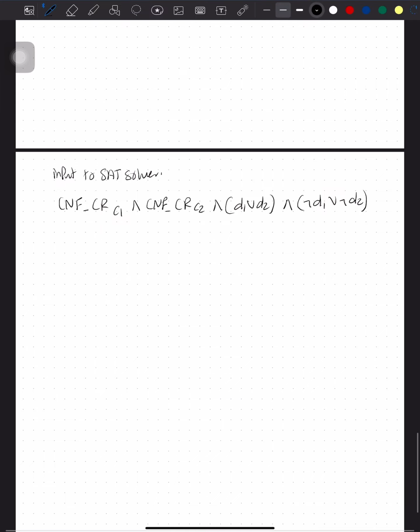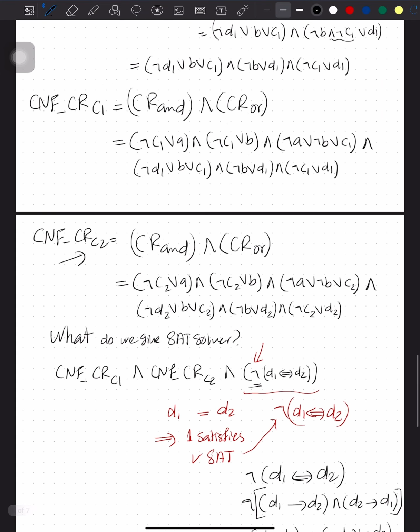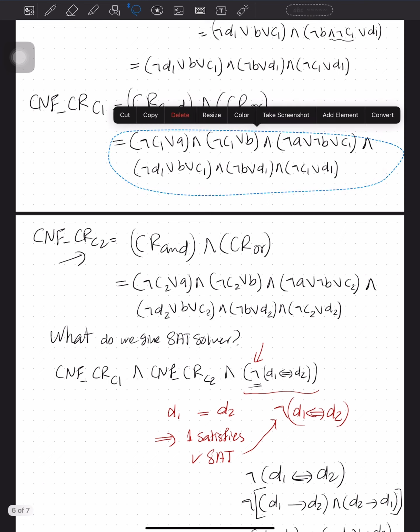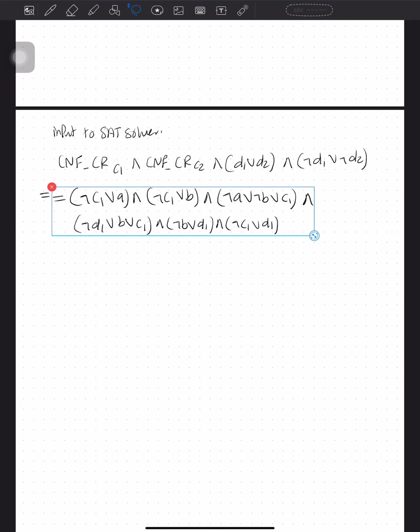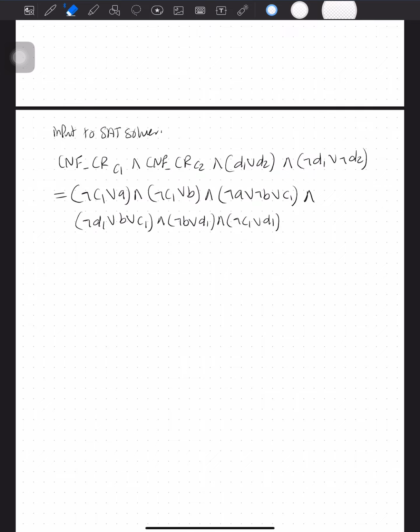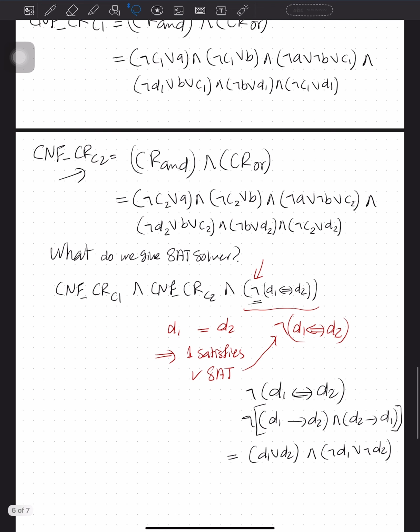So in our case here, this is quite simple because we know this is the CNF form for C1. And I'm gonna add an AND here, and I'm gonna get the CNF form for C2.